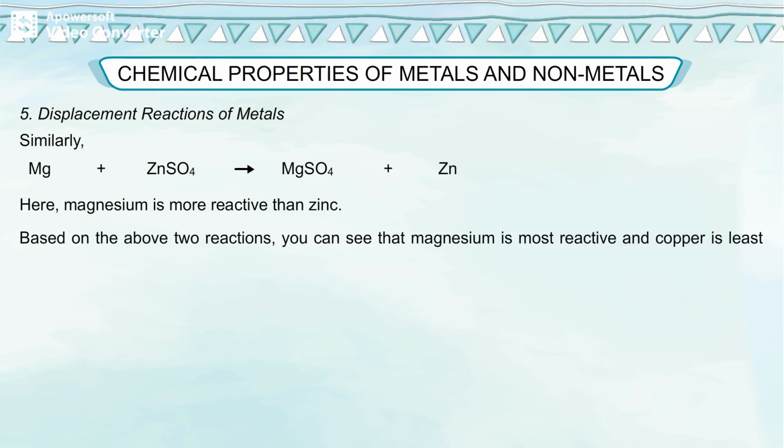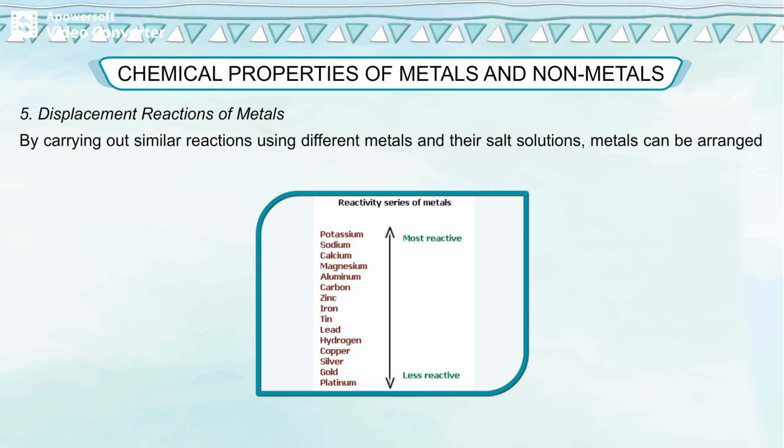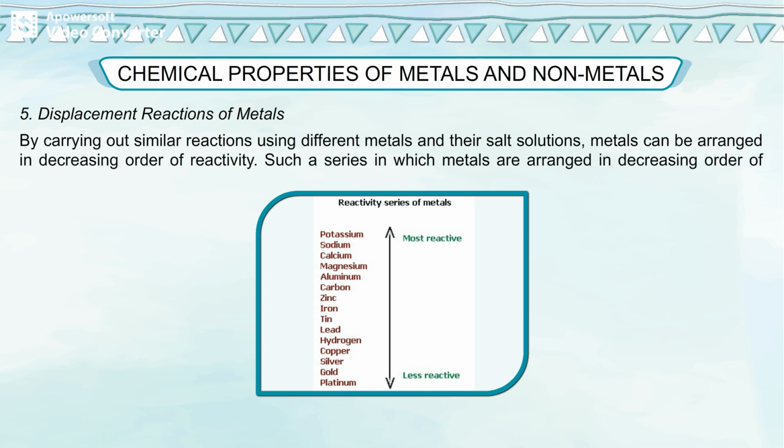Based on the above two reactions, you can see that magnesium is most reactive and copper is least reactive among these three metals. By carrying out similar reactions using different metals and their salt solutions, metals can be arranged in decreasing order of reactivity. Such a series is called the reactivity series.